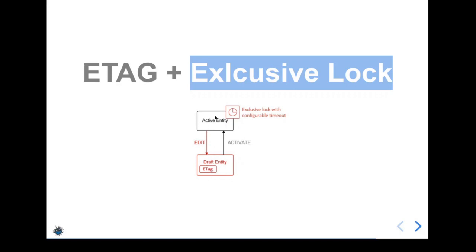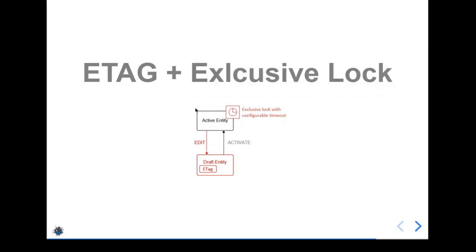But usually this Mara table has a backend GUI transaction. If someone tries to change it, it should give an error because you are already editing in the Fiori application. That's why an exclusive lock is applied on the active entity. Active entity is nothing but the actual Mara table data. So the actual lock is applied. This is fine here.